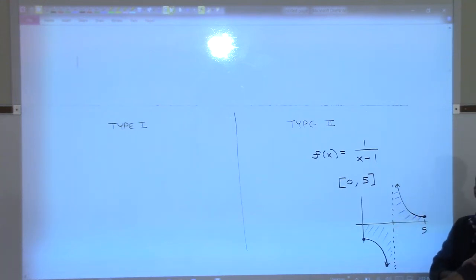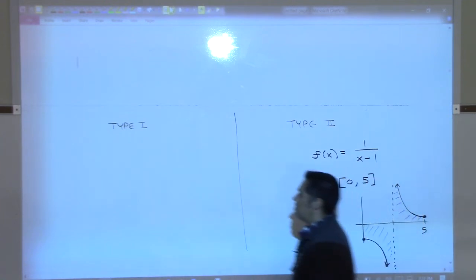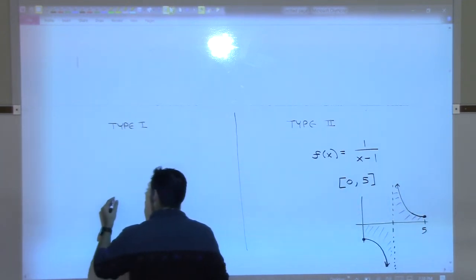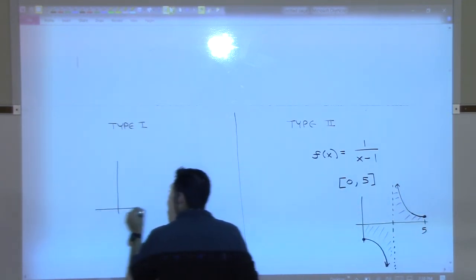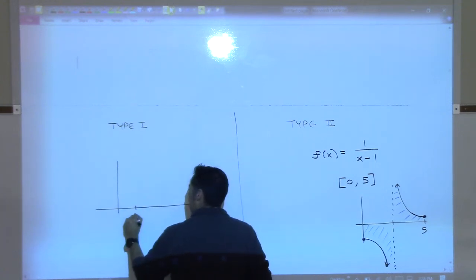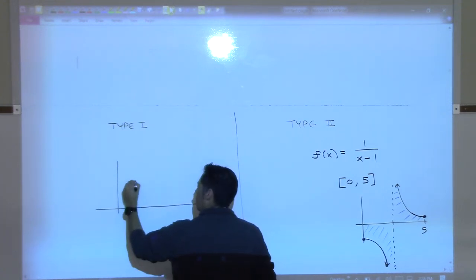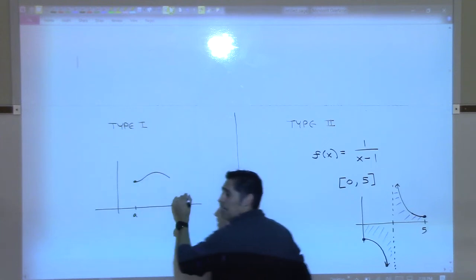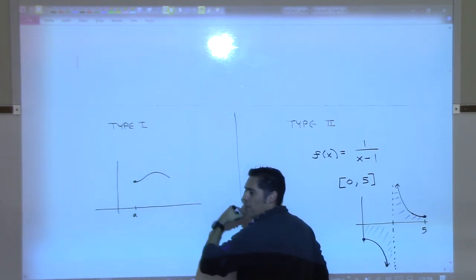We're going to at least start looking at what's called type 1. And type 1 goes like this. Instead of taking a function and starting at A and then drawing the function and stopping at B, I want us to go forever.